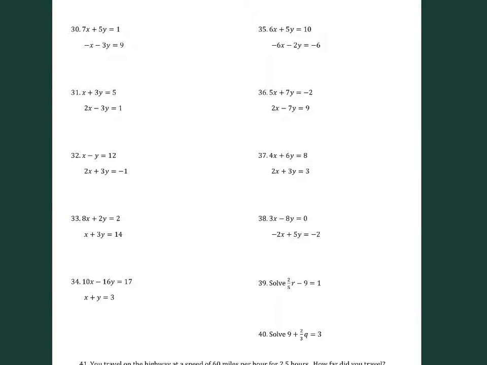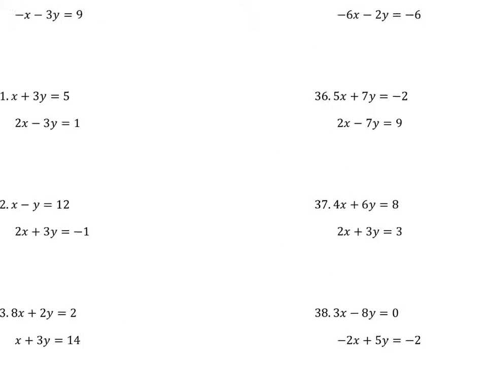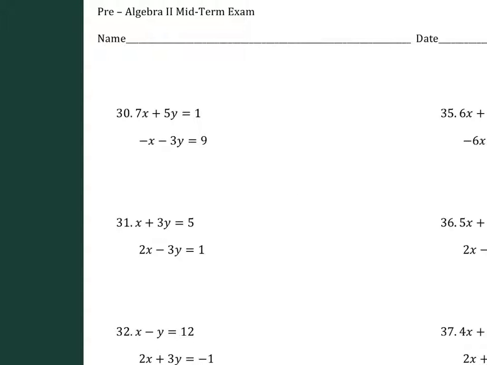Alright gang, 30 through 38. All of these problems are systems of equations. There's no directions here on how you have to solve them. So here's my recommendation. This is what we just covered in chapter 3, the last few weeks. Solve these using whichever way works best for you, whether it's graph them and plot all the points and see where they intersect.